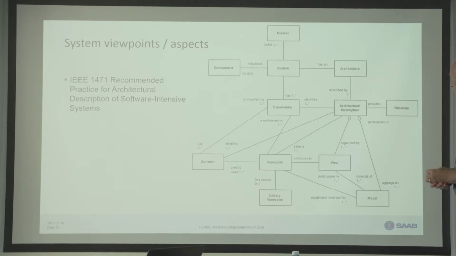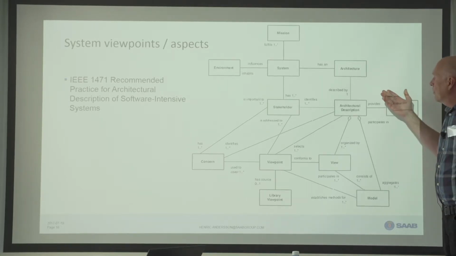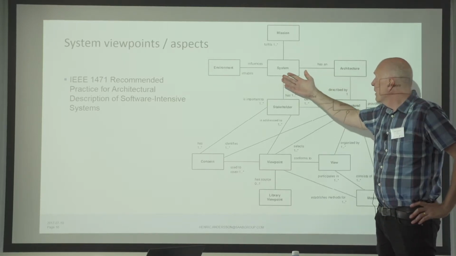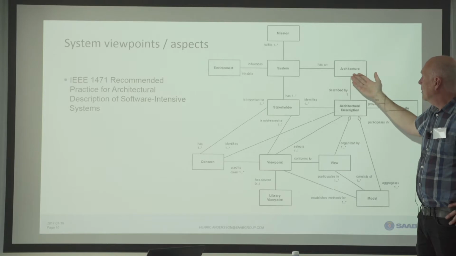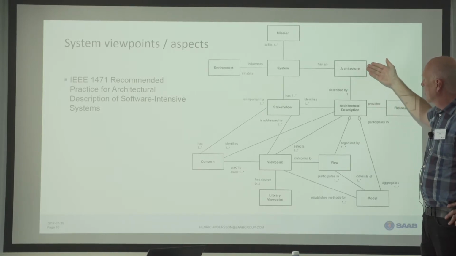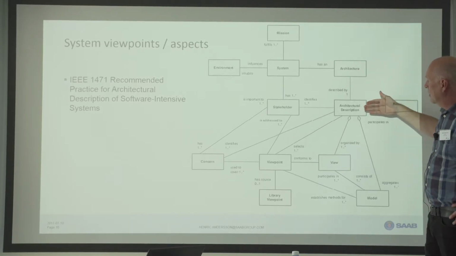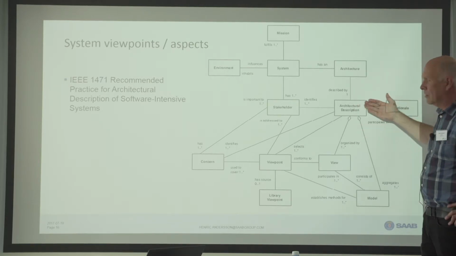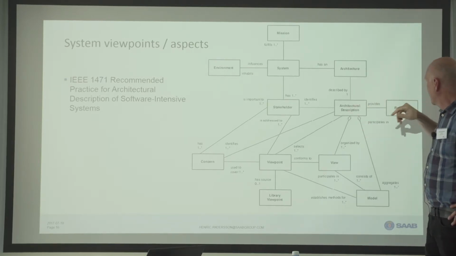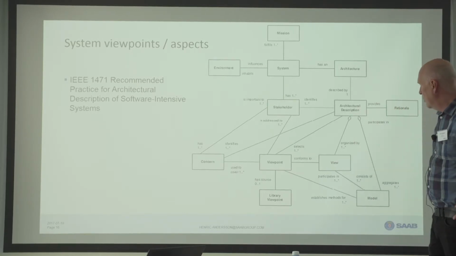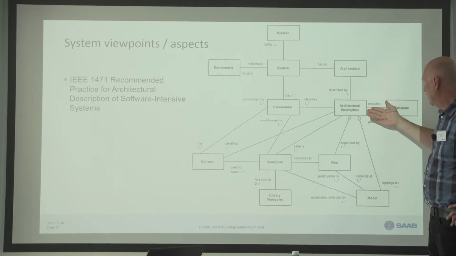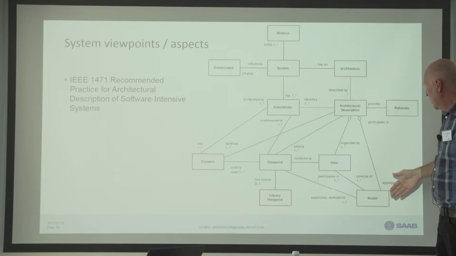No. It says, anyway, for a system that has a mission and an environment, it has an architecture. The architecture is described by some kind of architecture description. And these are organized in several views.